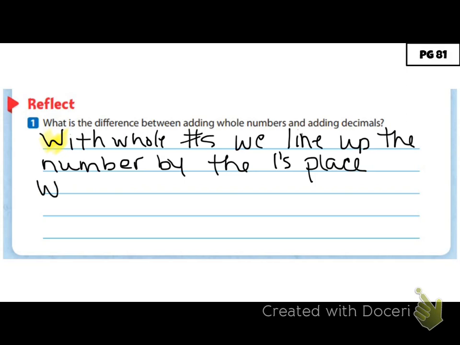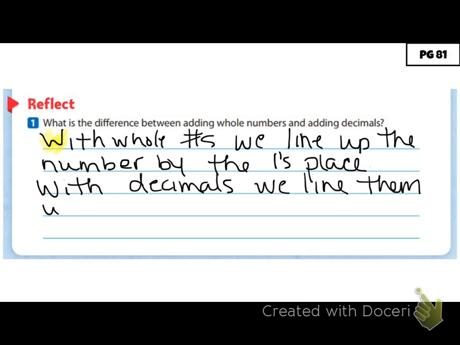With decimals, we line them up by what? The decimal. Like I said previously, I'm going to be saying this a lot. So always line up your decimals when you are adding and subtracting, and then you fill in zeros where you need.